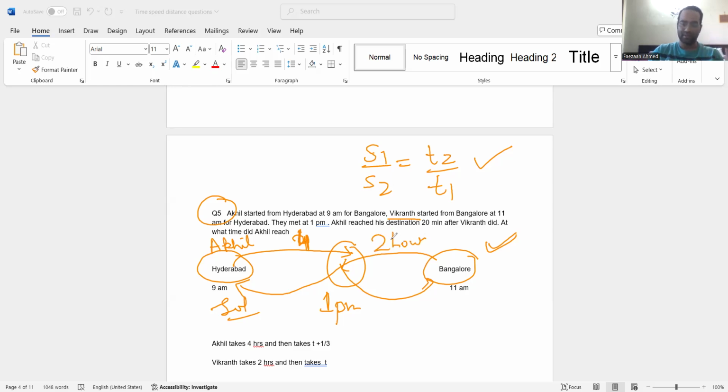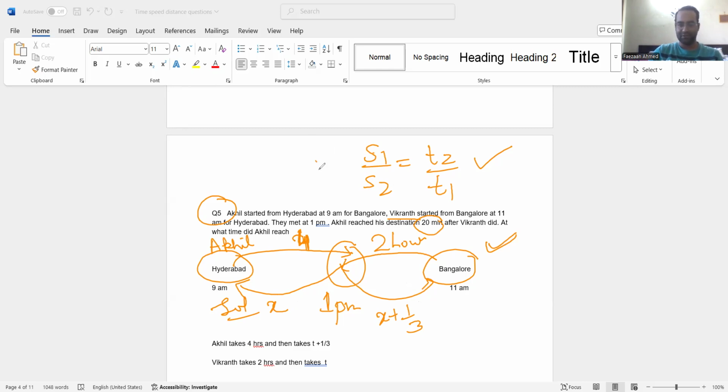And there's one more thing that is known to me: after they meet, each of them goes to their destination. That is also given. This person takes t plus 1 by 3, and this person takes t. Why 1 by 3? Because you have to convert 20 minutes: 20 by 60 is 1 by 3 hours.